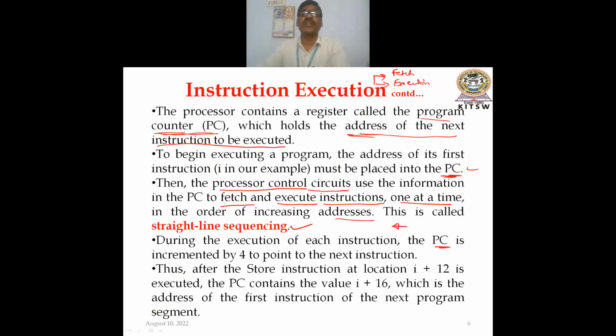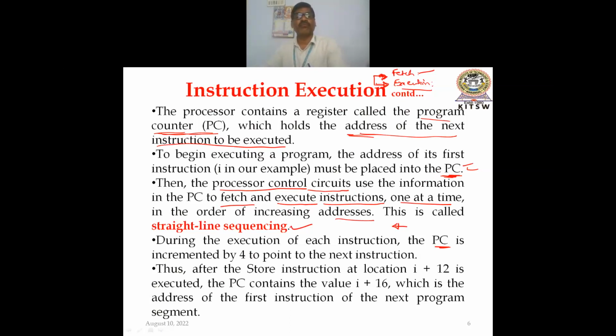These are the two important steps the processor always follows. The fetching is nothing but loading the next instruction to be executed through the program counter register. Once the program counter is loaded with that next instruction, the instruction register will be loaded.